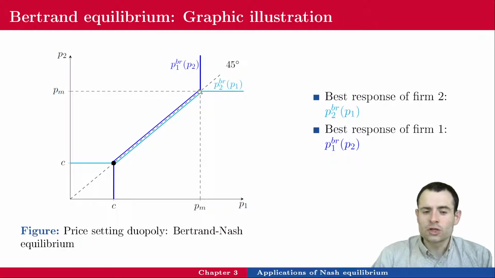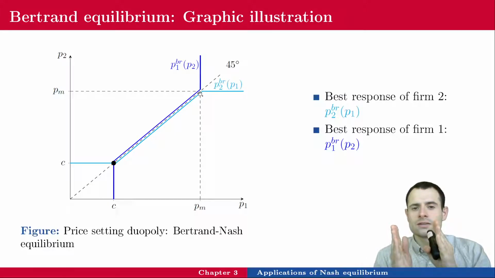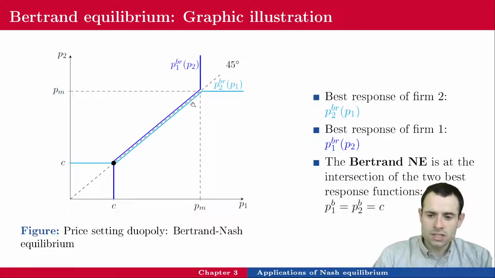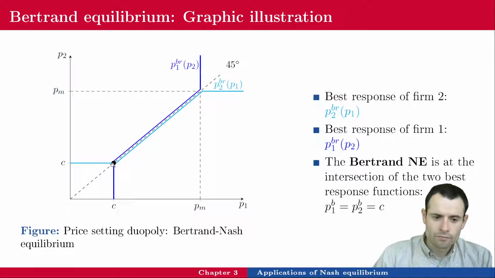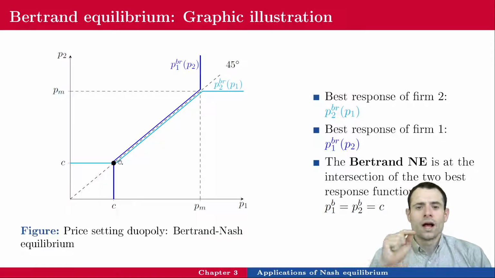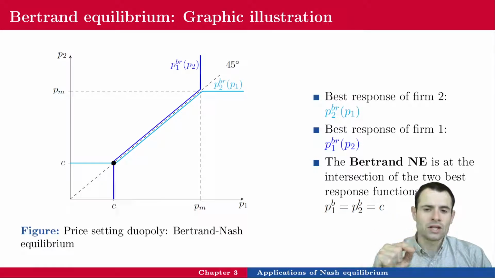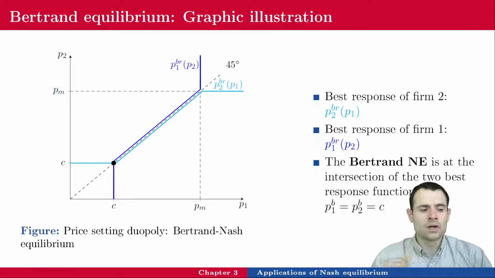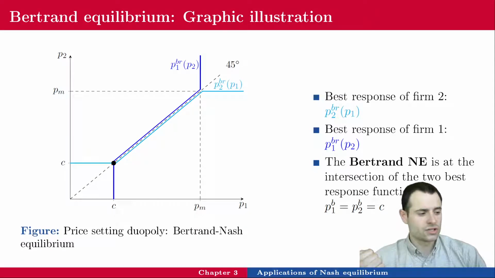Both best response functions are on either side of the 45-degree line. The only spot where they meet is going to be here. And this goes back to the intuition I gave. I know that you know that I know that you know. So we undercut each other mentally and we end up both at the marginal cost.